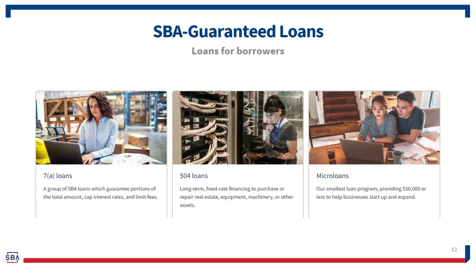So we have 3 different types of loan products. Our more popular loan product is the 7A loans, and that actually has a number of subcategories underneath it. The total loan amount is up to $5 million. They do have a cap on our interest rates, and they do have limited fees. Right now, if you were to get a 7A loan, the fees associated with those loans for $1 million and under is 0.